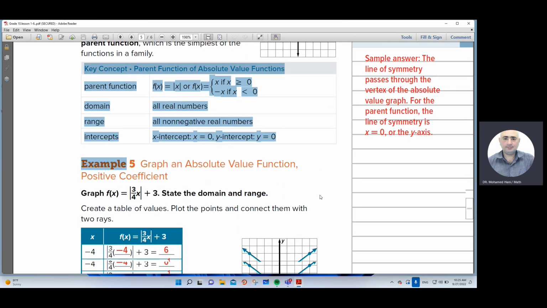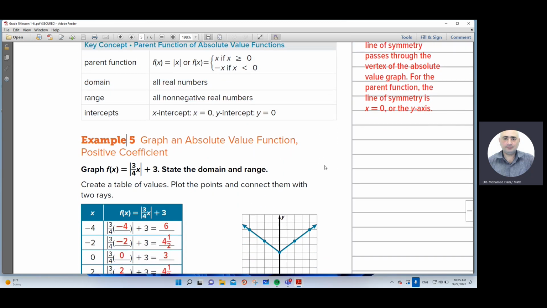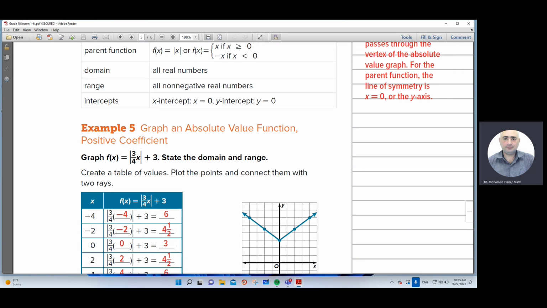Right. Listen to this example, please. Graph an absolute value function, positive coefficient. As you see, we have f(x) equals the absolute value of 3 over 4 x plus 3. State the domain and range.